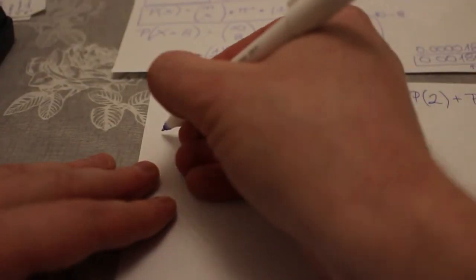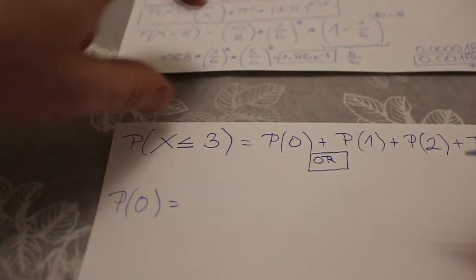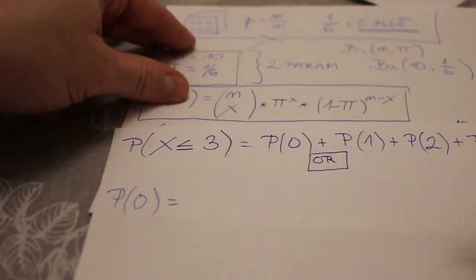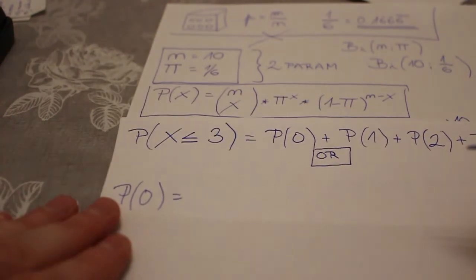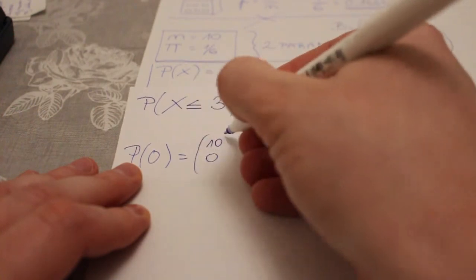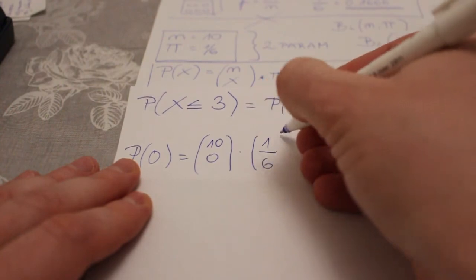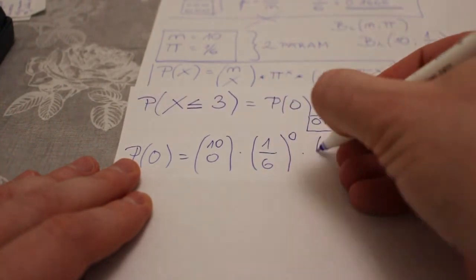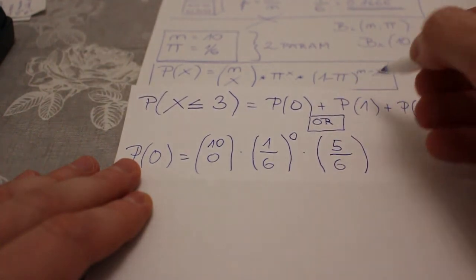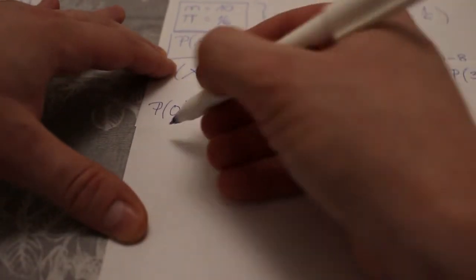So the probability of 0 is equal to 10 above 0 times 1 divided by 6 powered by 0 times 5 divided by 6 powered by n minus x, which is 10, and you can continue.